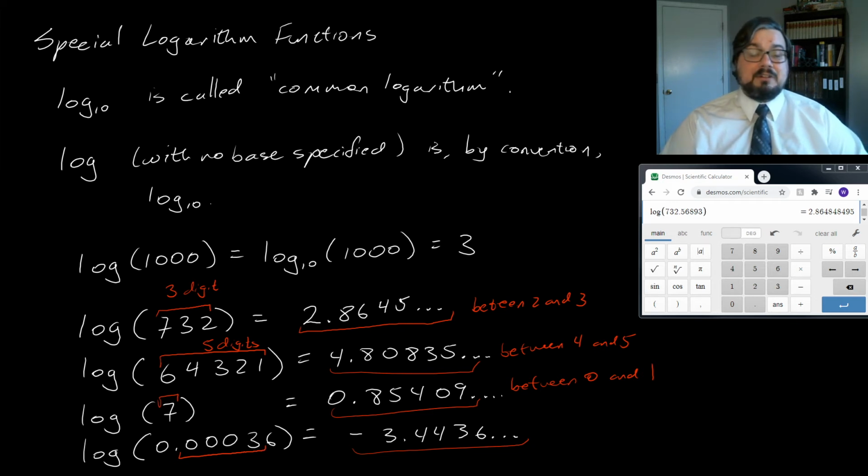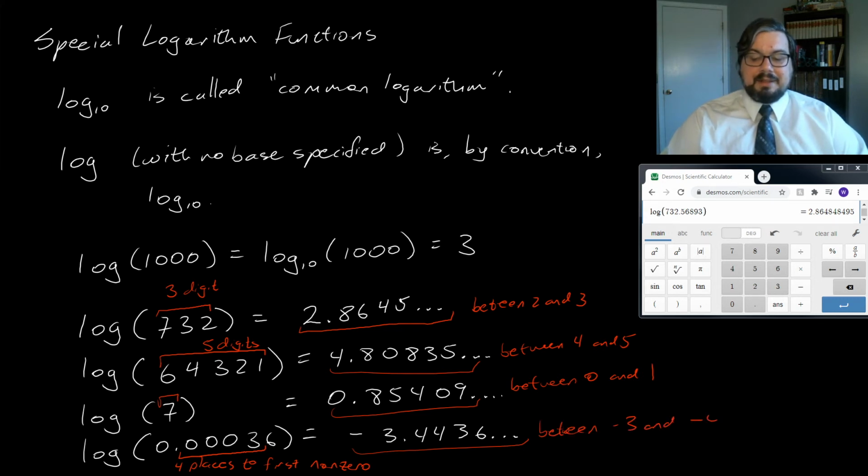And in fact, if we consider how we would convert this number to scientific notation, moving the decimal place 4 places to the first non-zero number, our output of this function is between -3 and -4.